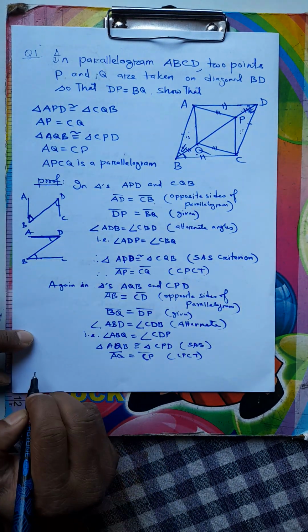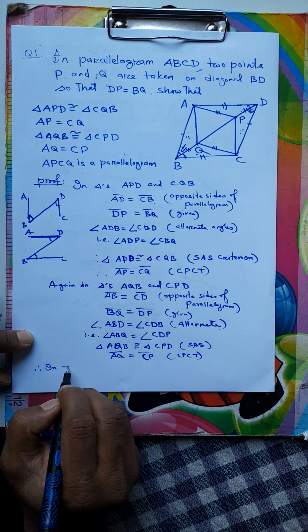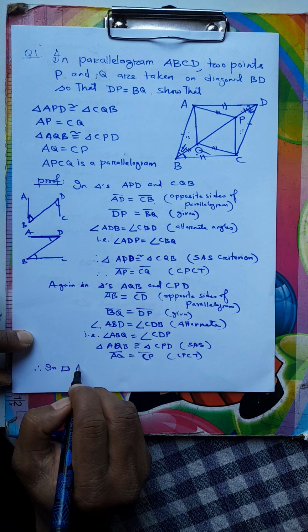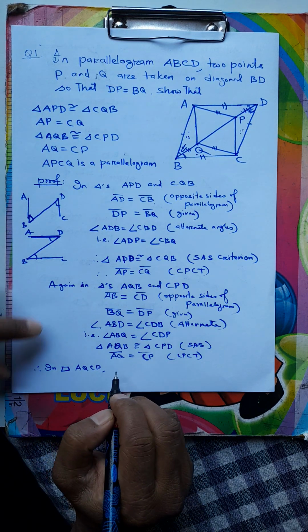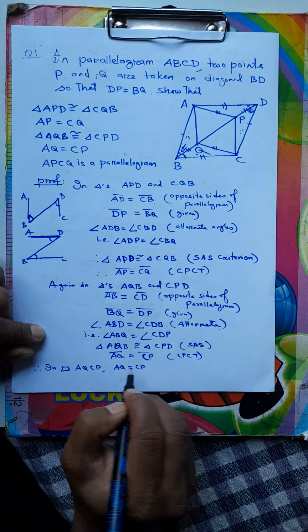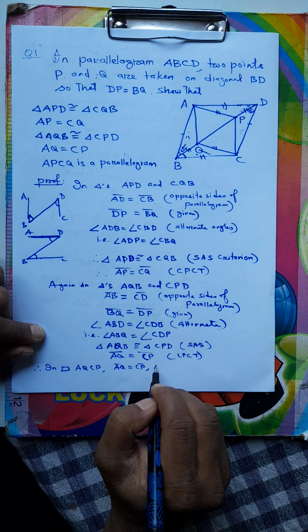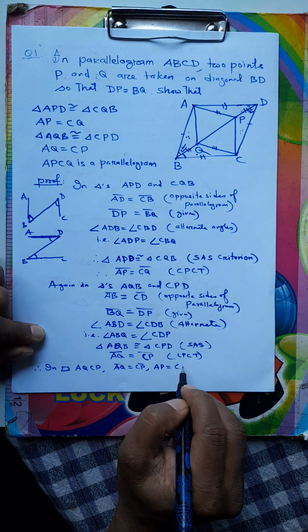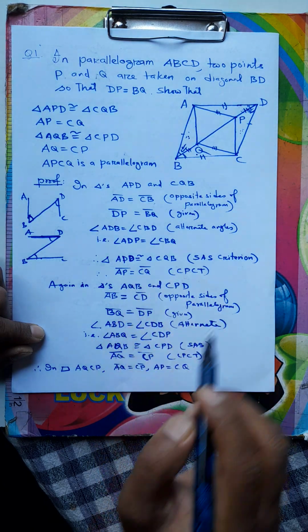Now, therefore, in quadrilateral AQCP, we find that AQ equal to CP and AP equal to CQ, this we proved earlier, right?